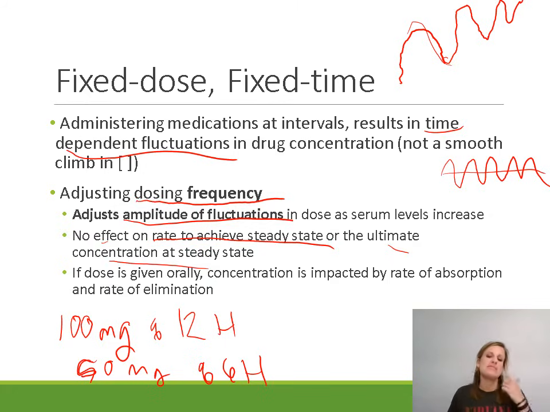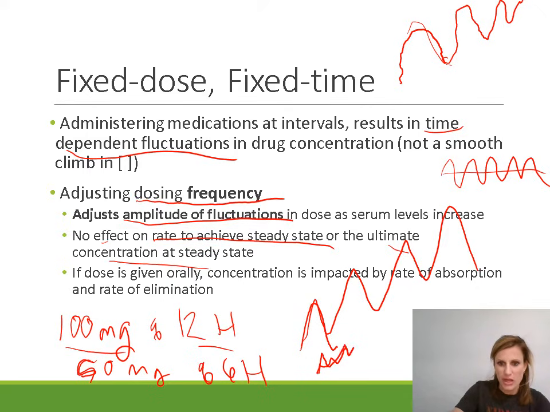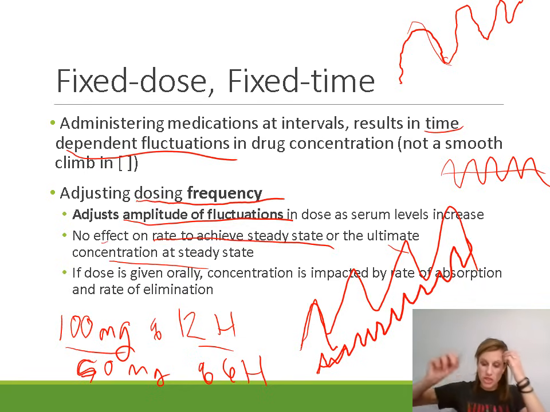The only thing that's going to be different is how big the dose fluctuations are. If I'm giving 100 milligrams every 12 hours, the fluctuations will be bigger. If I'm giving 50 milligrams every 6 hours, the fluctuations will be smaller. Right? There will be more fluctuations because I'm giving it more frequently, but they'll be smaller fluctuations.